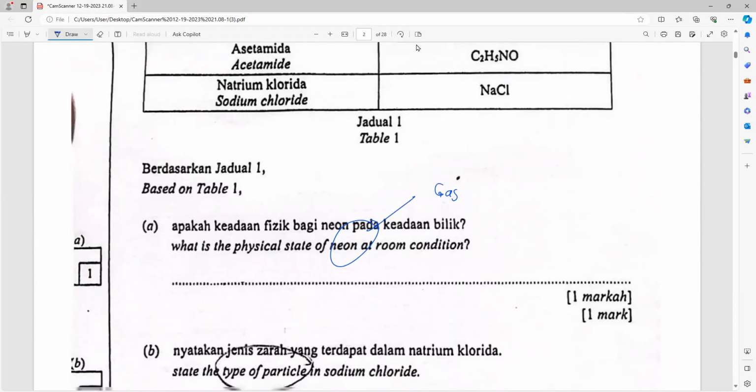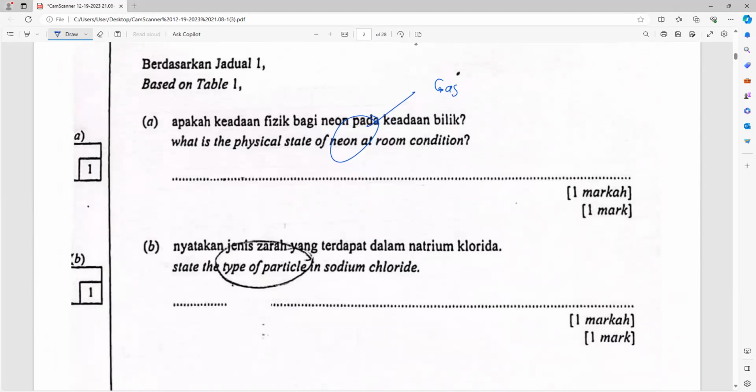Okay. What is the type of particles in sodium chloride? Okay, type of particle. We have 3 types of particles. We've got molecule. We've got a very good ion or atoms. Excellent. You can also type in the chat, if you want. Teacher doesn't mind, so I can see your answer.